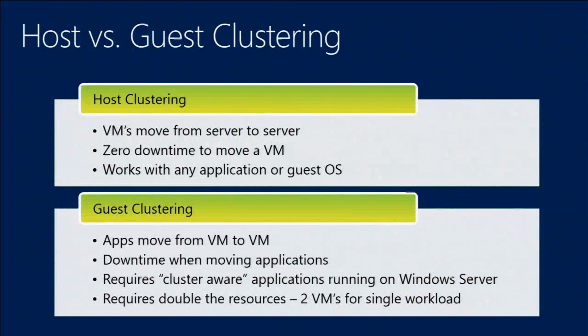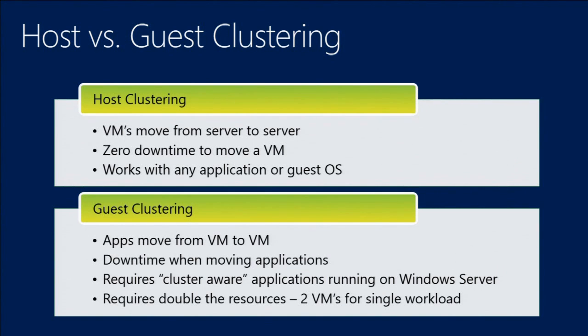Let's think about the differences between host clustering and guest clustering. In host clustering, you have your VMs moving from server to server. In guest clustering, you have your apps moving from VM to VM. In host clustering, you have zero downtime because you're live migrating your VMs, but in guest clustering, you do have a small downtime. Also, for host clustering, you can just set up a generic app or a generic service, so it works with any application or any guest OS.